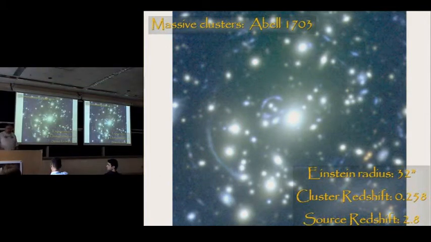Let me just mention a few science ideas. There's been some ferment in the literature in the last year or two about the fact that there are clusters with very large Einstein radii, or as Joe Hennawi said, their concentrations are too large. Basically, there's too much mass down in the center of these clusters compared to what you'd expect. This is one of the objects cited in this problem, Abell 1703.